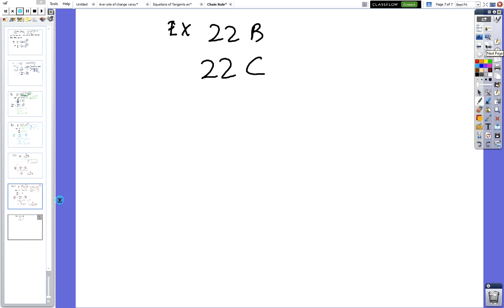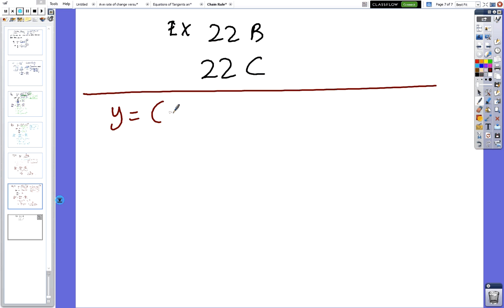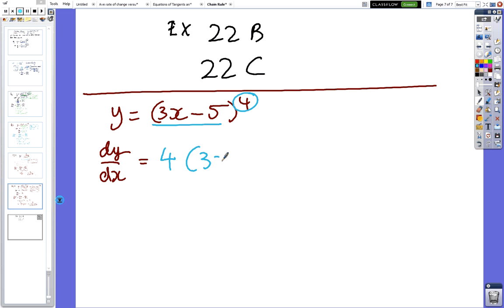So there's the exercise to do, but before you do that, I'll just show you what the shortcut is. Let's just go back and make one up. 3x minus 5 to the power of 4. We can go straight to dy dx without doing all the steps. So this is the shortcut. Multiply by the power. Leave the bracket as it was.